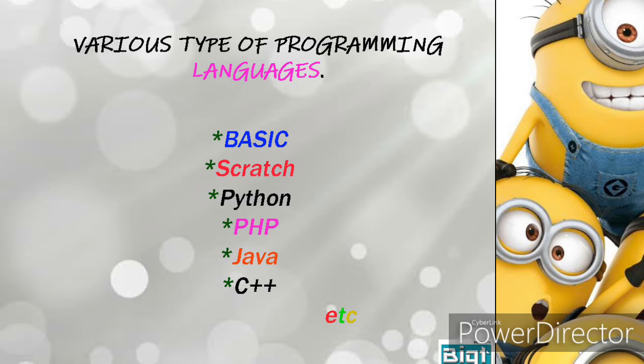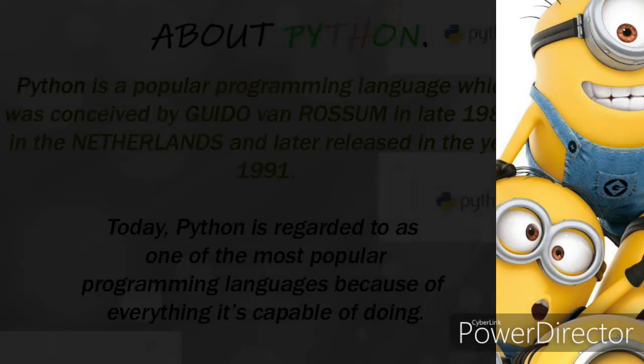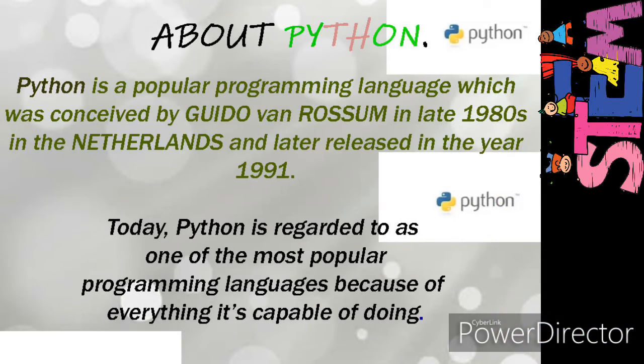And lastly, we have C++, which is also a powerful programming language. All these programming languages work with the computer in different ways. Just like we have different languages outside in the world, like French, Japanese, English, German, so do we have different programming languages in the computer system. So in this session, we are going to talk about Python.